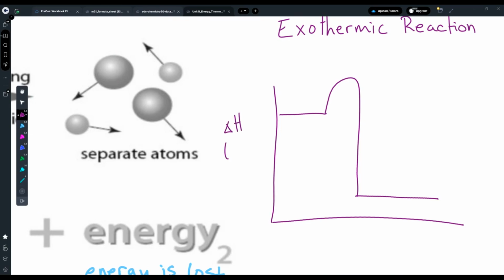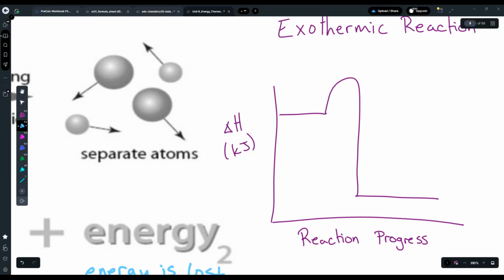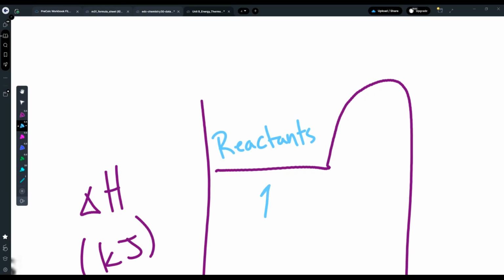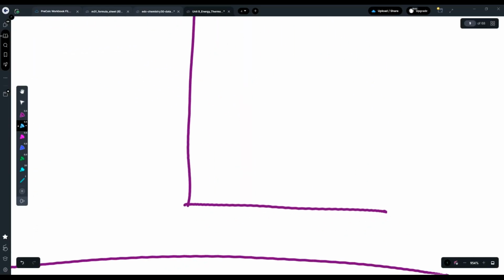So change in enthalpy in kilojoules, reaction progress, which is also known as time. So I have my reactants. So this is just the reactant plateau, and then we'll do my product plateau.